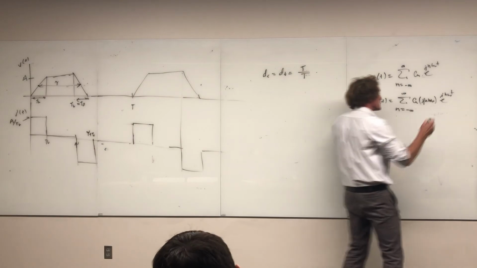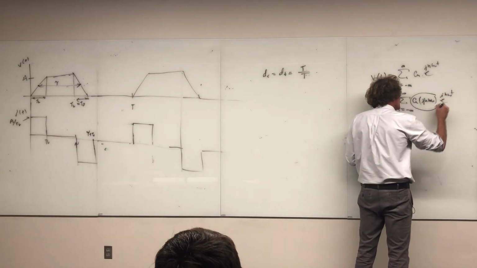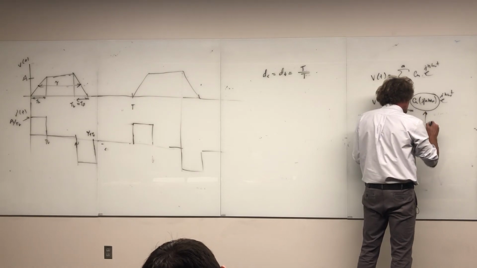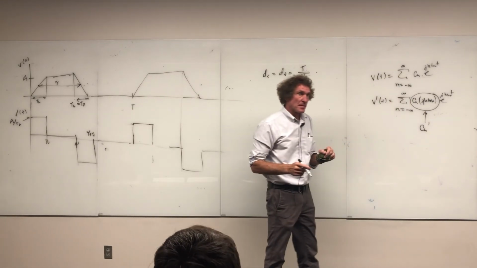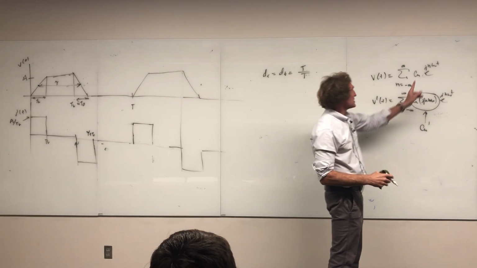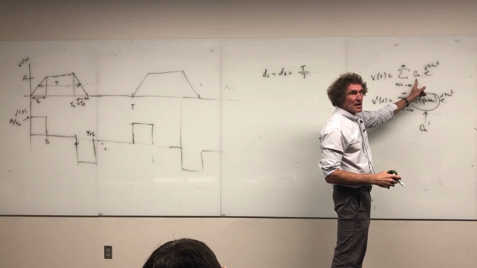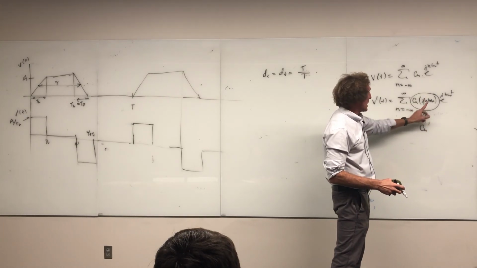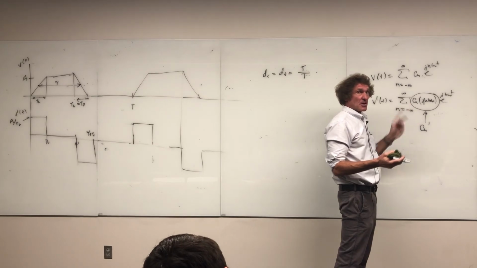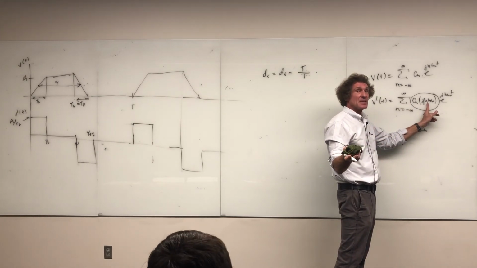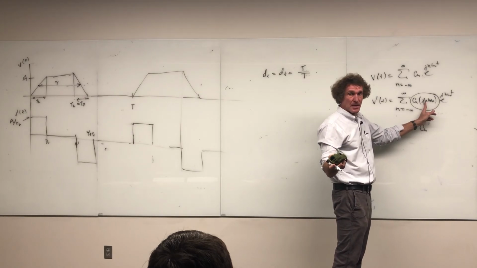But what I can do is say this constant right here, whatever that is, we can just call this Cn prime. Follow me? And now that fits the form of a Fourier series. A Fourier series says we have constants here that are functions of n, right? What I've done here is say I have a constant that's actually the first constant, a function of n, times another constant that's a function of n. In other words, it's a function of n, right?